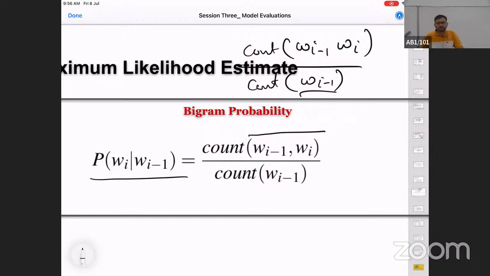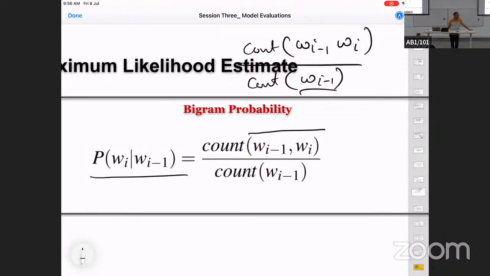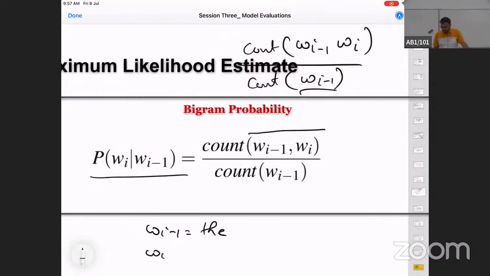Probability of wi given wi minus 1. So what does this proportion say? Whenever the word wi minus 1 occurs in my data, how many times is it succeeded by the word wi? For example, assume that wi minus 1 is "the" and wi is "cat". So what would be in the denominator?